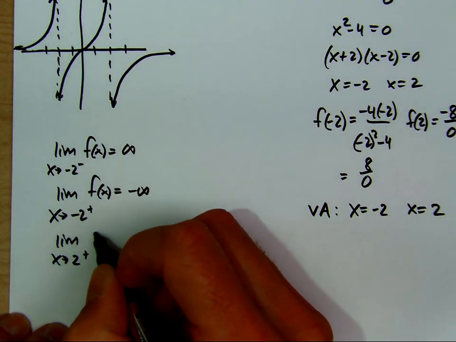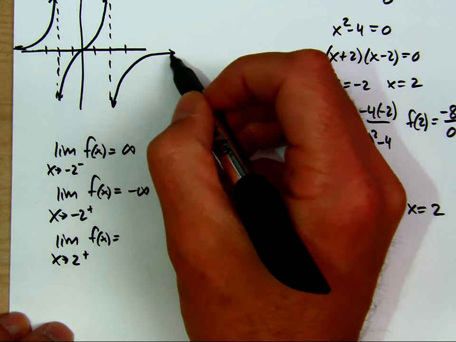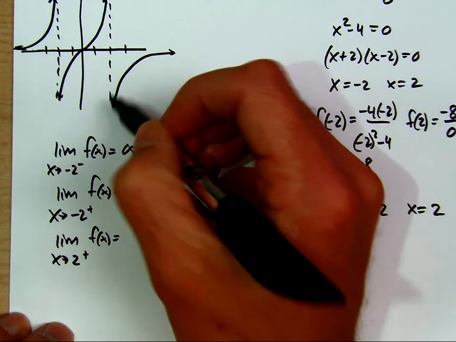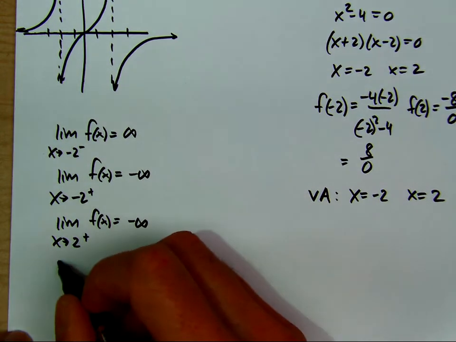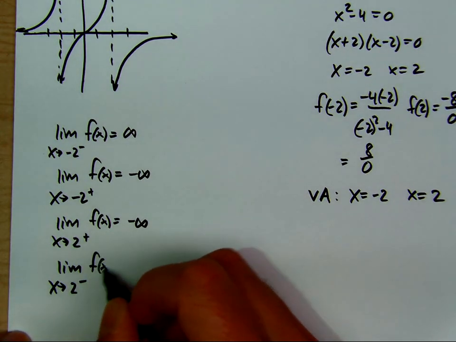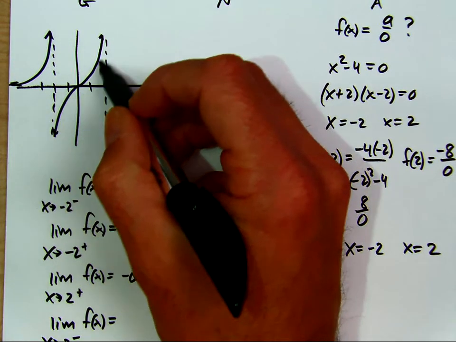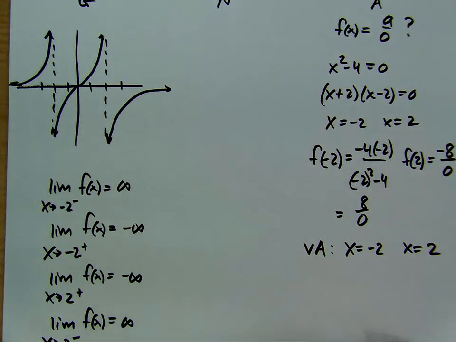Positive 2 from the right is negative infinity. Positive 2 from the left is positive infinity.